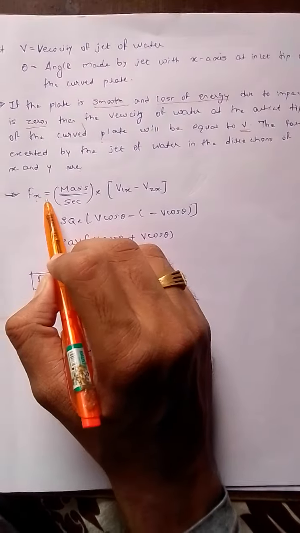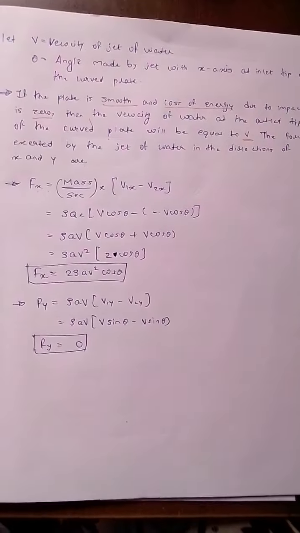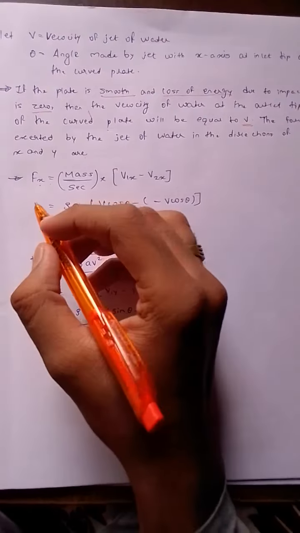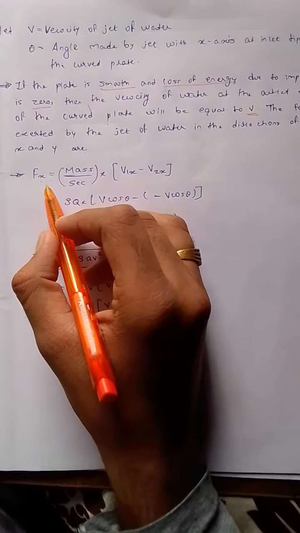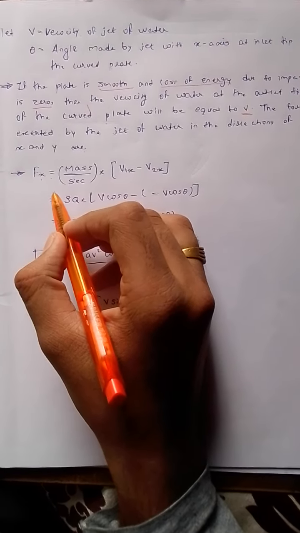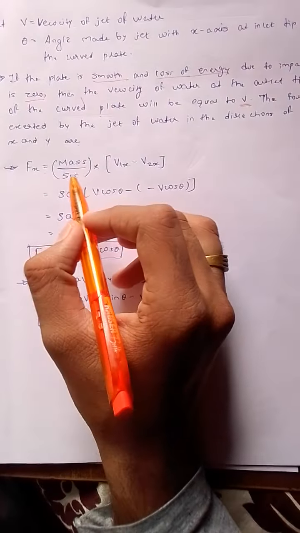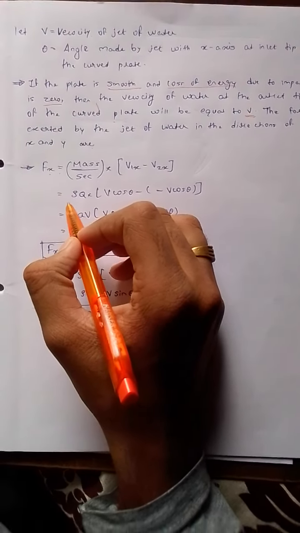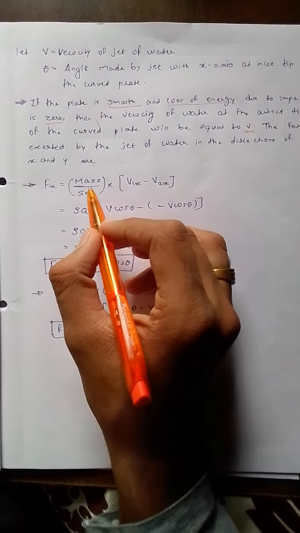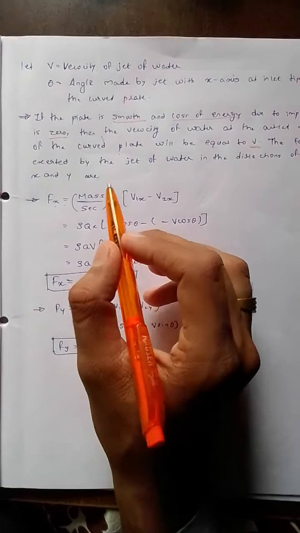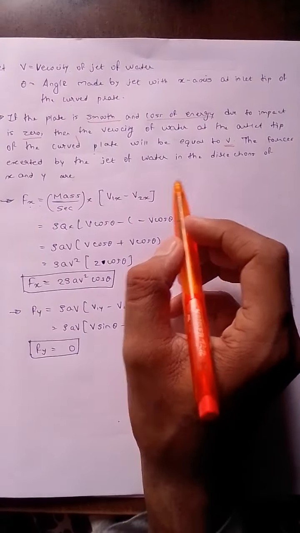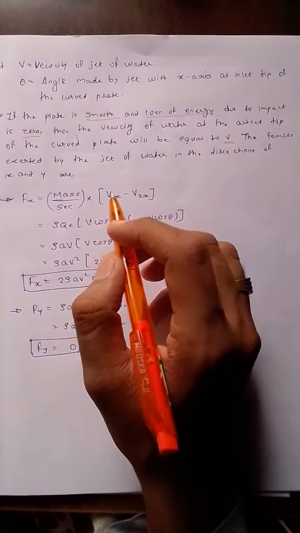Fx is equal to the rate of change of momentum in the x direction, which equals initial momentum minus final momentum divided by time. Initial momentum equals mass into initial velocity, minus final momentum, which equals mass into final velocity, divided by time.